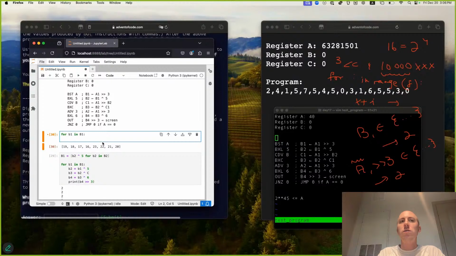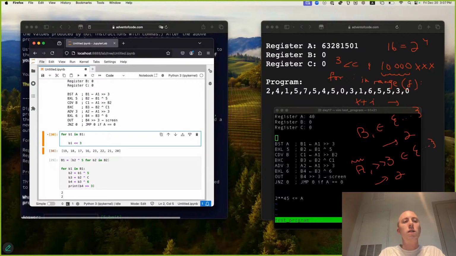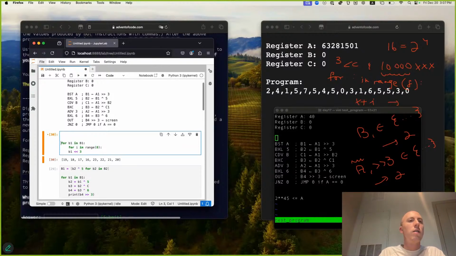Now let's take the number. Let's say B1 shifted over by 3. So for I in range up to 8, we're filling up A basically.